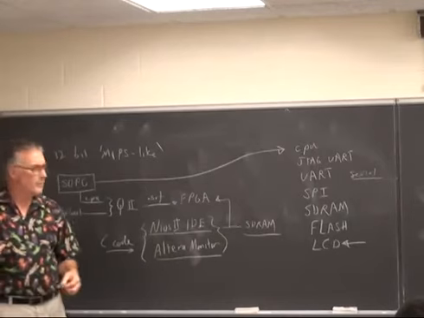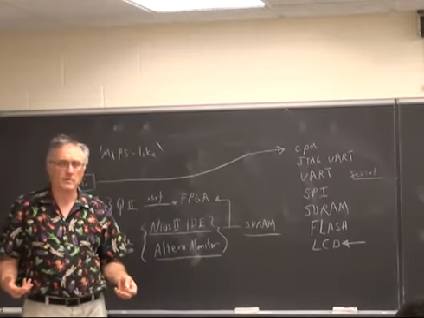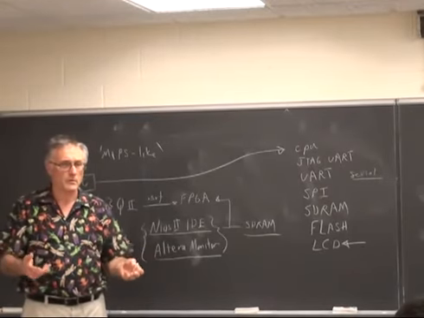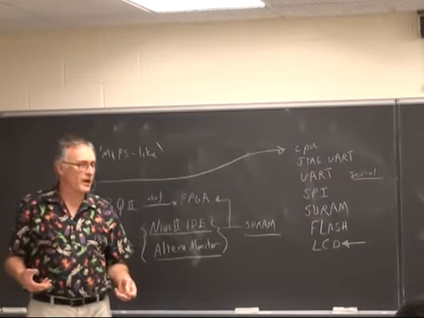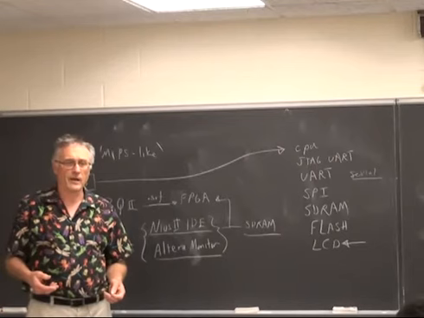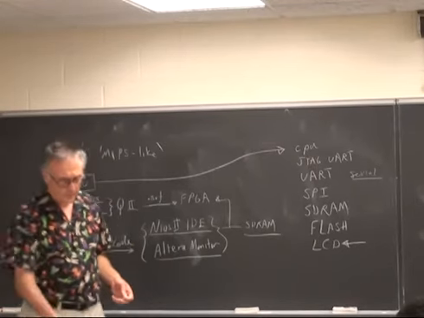So how many people are familiar with Unix stream devices? Stream I/O. So you've done some. You know, in Unix everything's a file, right? Every I/O device just looks like a file. Anything you can do with a file, you can do with an I/O device, and vice versa.